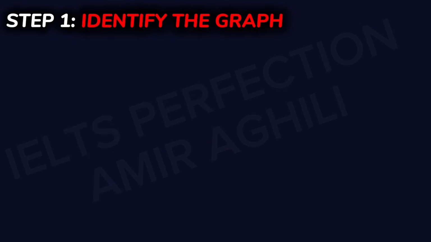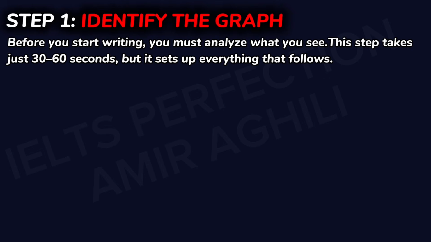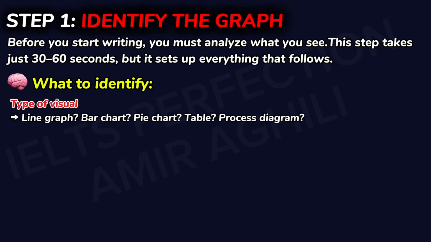Let's start with the first step, identify the graph. Before you start writing, you must analyze what you see. This step takes just 30 to 60 seconds, but it sets up everything that follows. So you probably ask what to analyze. Type of visual like graph, bar chart, pie chart, table, or process diagrams.